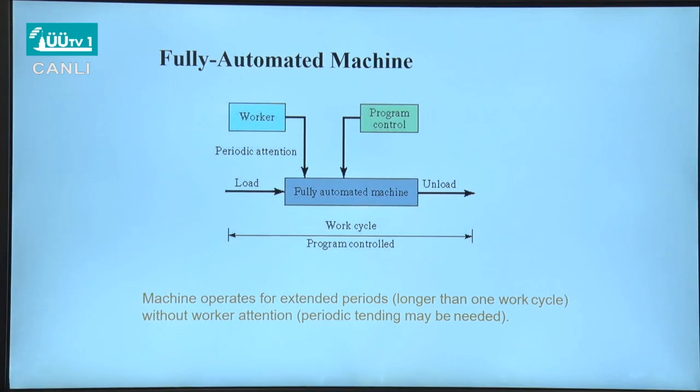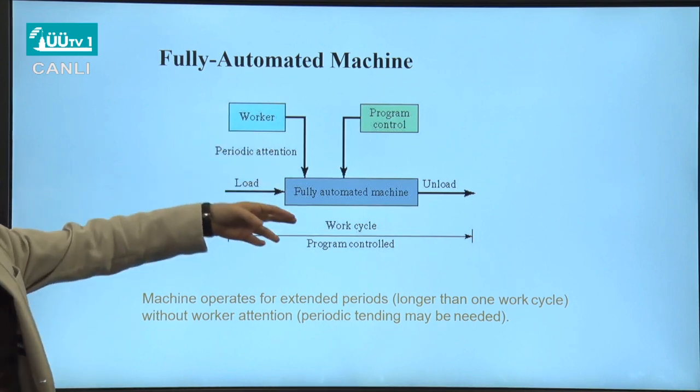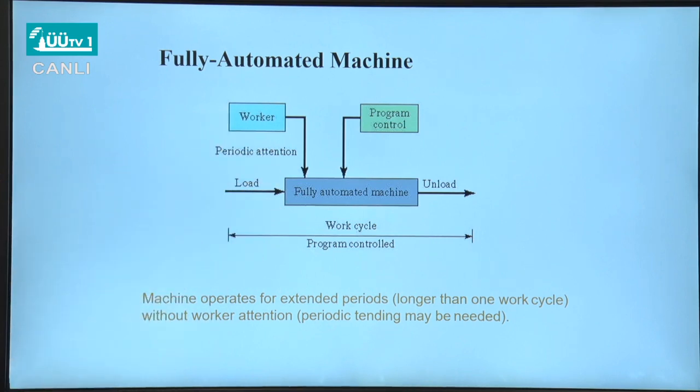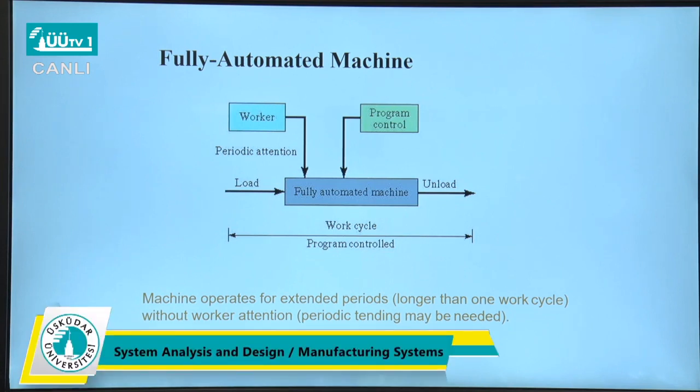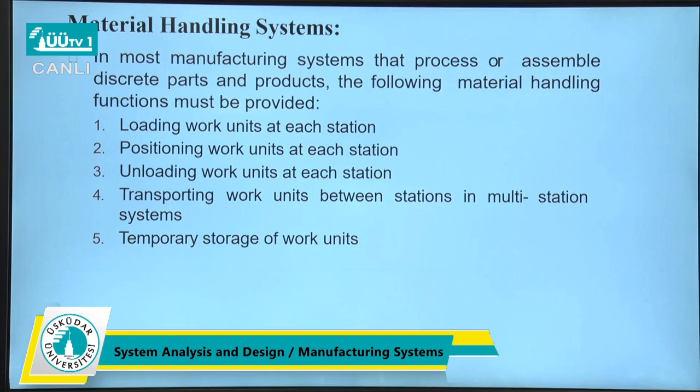And if there is any kind of failure of the machine or any break situation, the worker steps in to fix the machine and move the process to the forward steps.